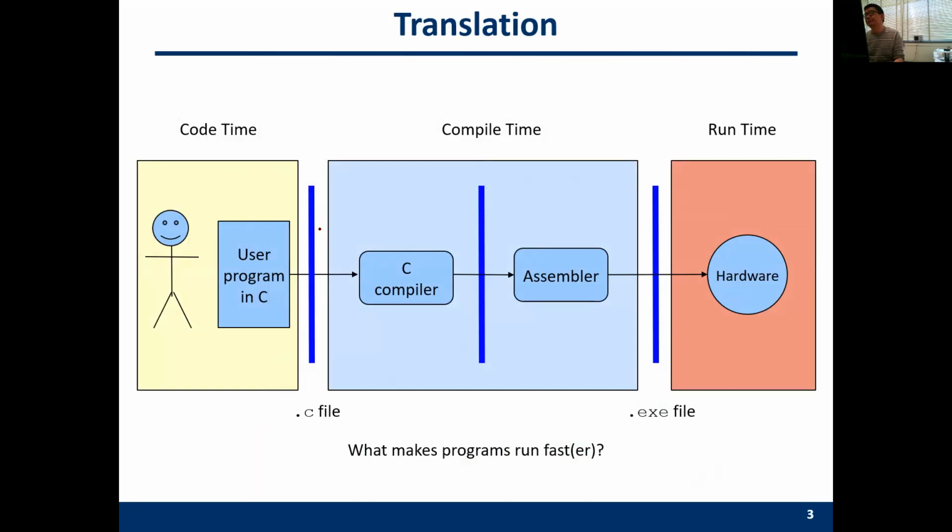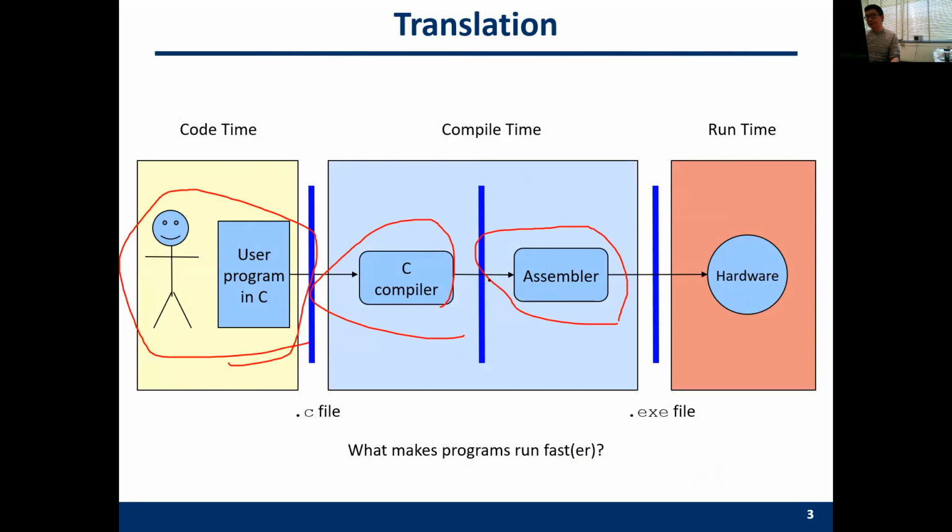Because assembly language is very difficult, nowadays most users use C, or even higher level languages, to write their applications. And then we can use some C compiler or assembler to do the translation. And then we have the binary bits, which can be processed by your CPU.